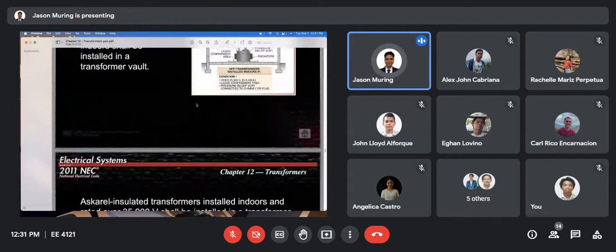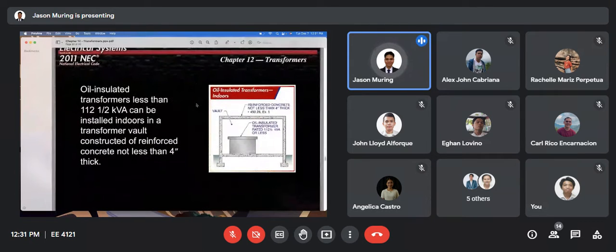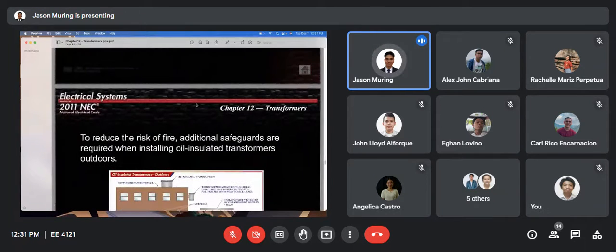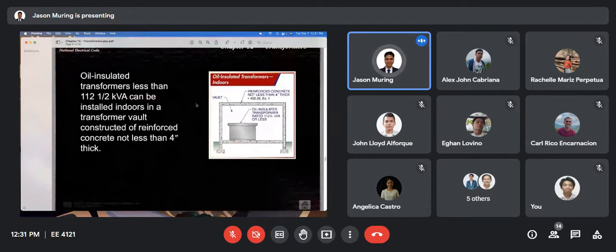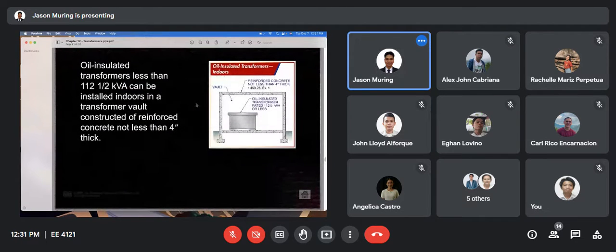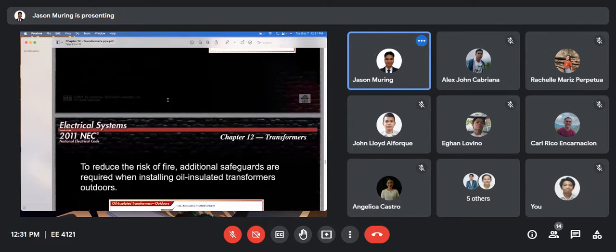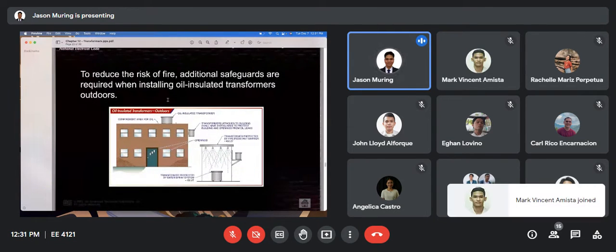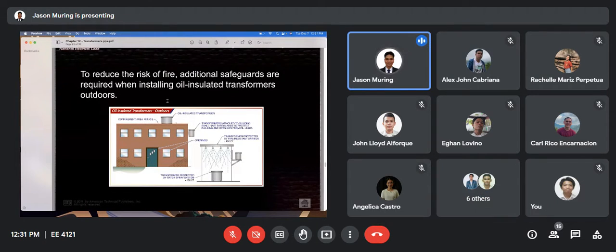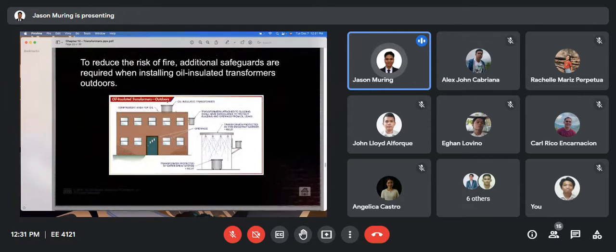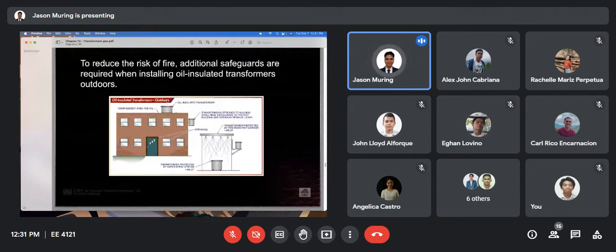So we're not going to discuss this now because, anyway, if you are going to design now your transformer panel system, you can just look back or search it again in your National Electrical Code or Philippine Electrical Code on what design to follow for this kind of transformer. Okay, but for now, what we need to know is that in general, a transformer needs protection and must be isolated from those possible combustible materials.